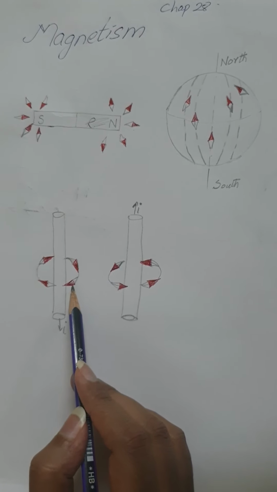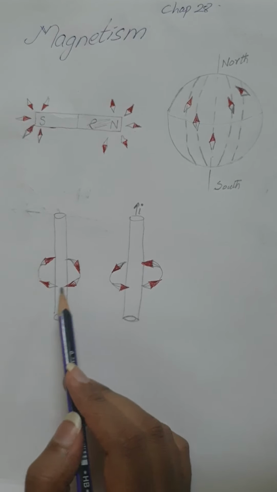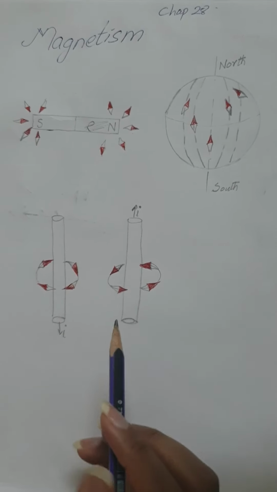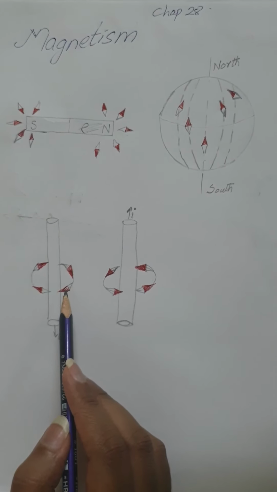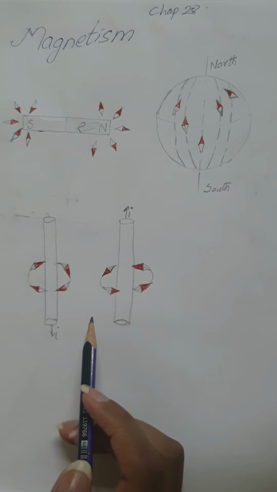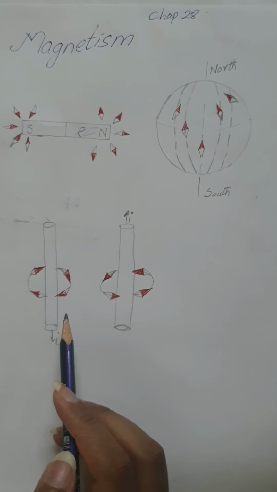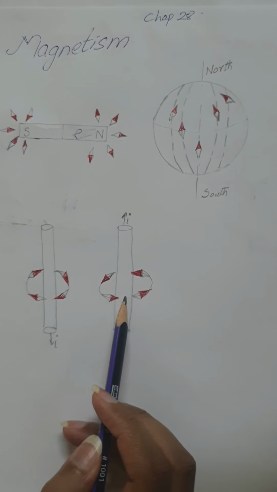It means that there is a magnetic field around the current carrying conductor. If we turn off the current, then there is no magnetic field and there is no deflection. And if we reverse the direction of the current, the compass needle points in the opposite direction.